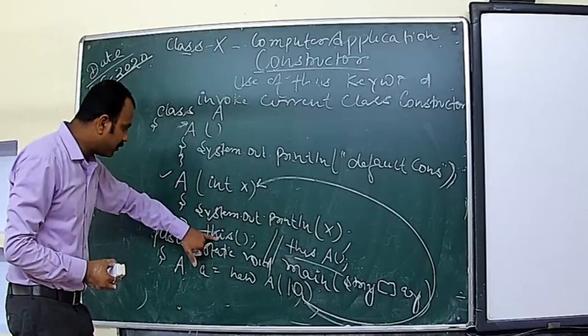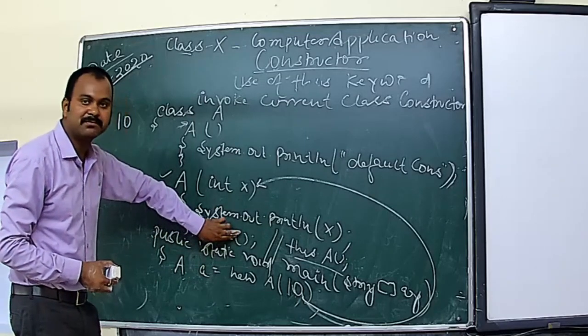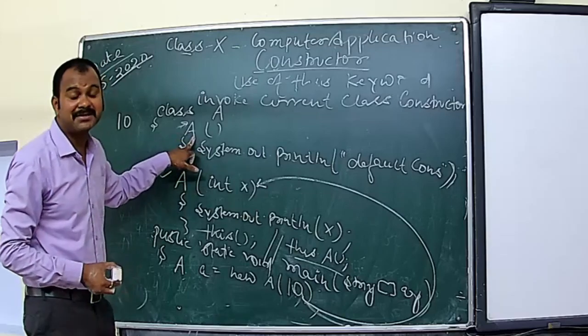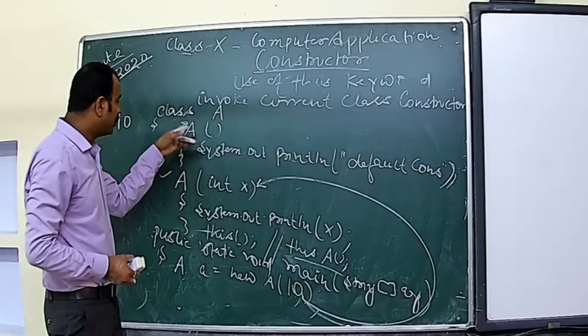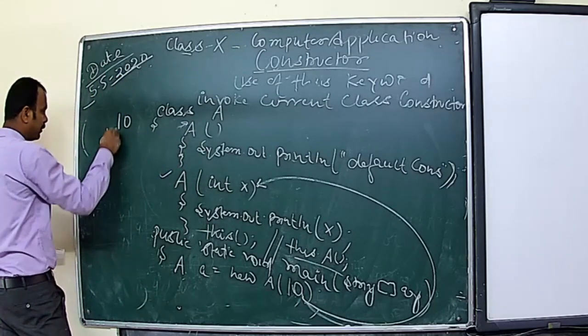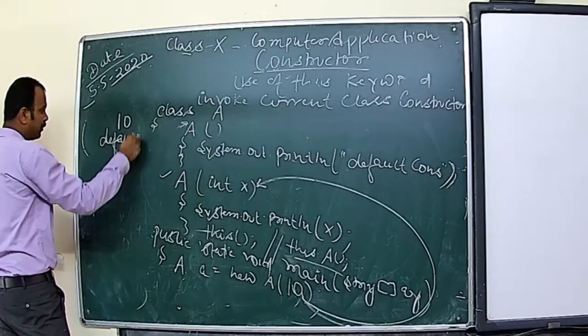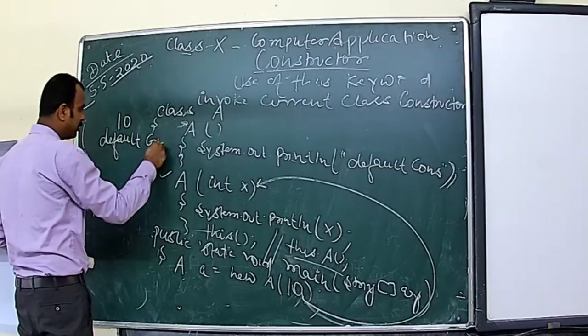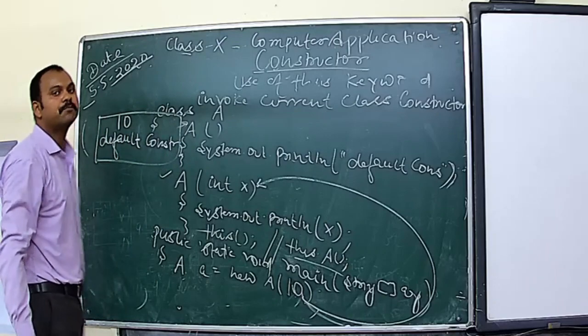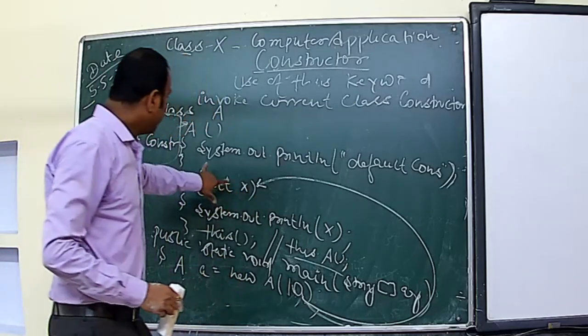And after that there is a this call, which means it will call the current class constructor also. So this is the default constructor, so it will print default constructor. So this would be the output.